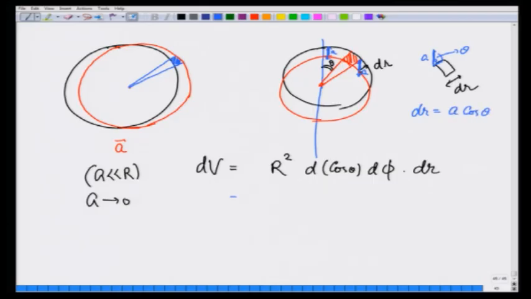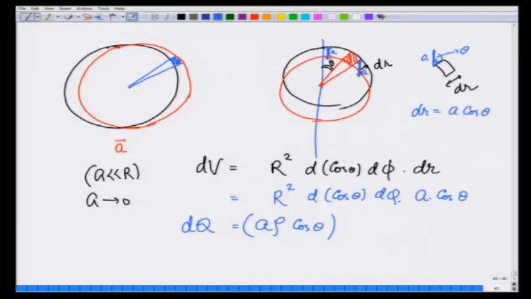So, I can write this small volume element as r square d cosine of theta d phi times a cosine of theta. And therefore, the charge in this region dq is going to be rho, the density, a cosine of theta times r square d cosine theta d phi.